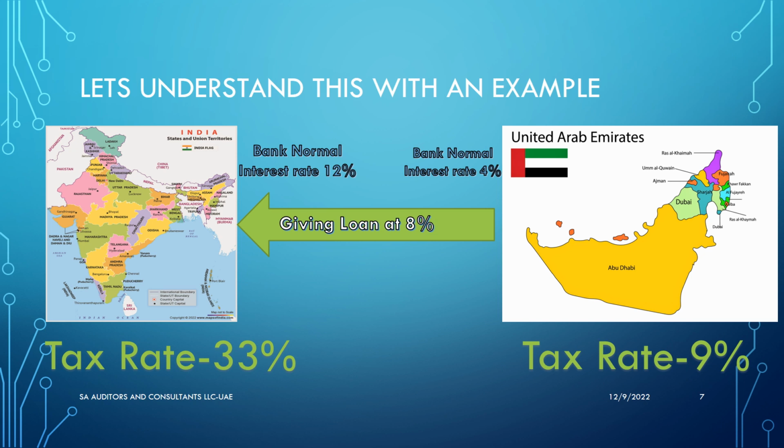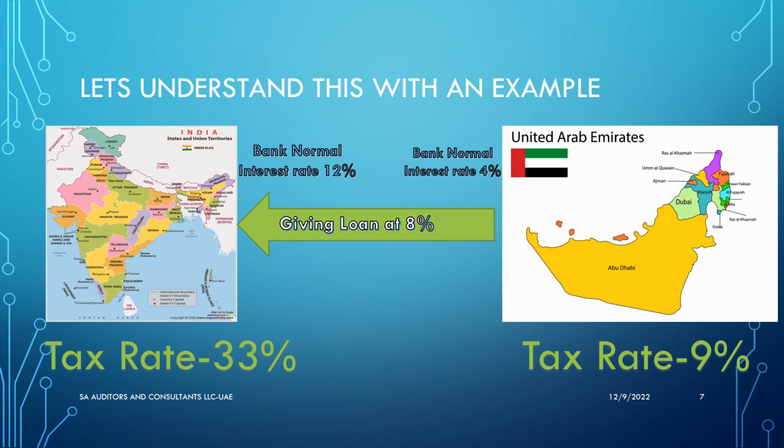Now the UAE branch is taking loans from UAE banks and giving those loans to the India company at 8%. Whether this 8% is reasonable, at arm's length price, the companies have to justify in front of the UAE taxation authority for the UAE company, and for the Indian company in front of the Indian income tax department.